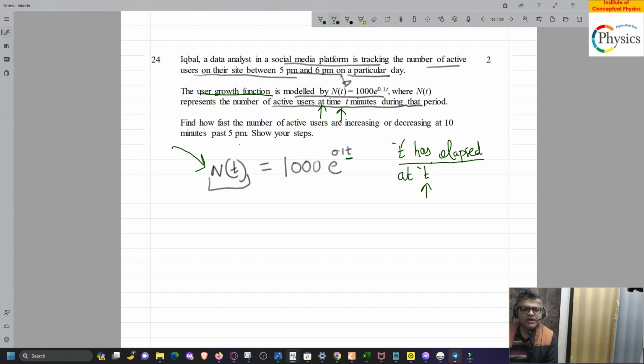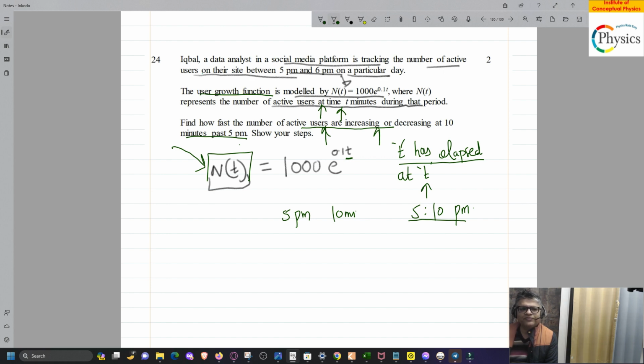All right. Now, how fast is the number of users increasing or decreasing at 10 minutes past 5 p.m.? So after 5 p.m., 10 minutes will elapse and this will become 5:10 p.m. You have to find out what is the rate at which the users are increasing or decreasing, which means this is the user value at an instant, and you have to find its rate.